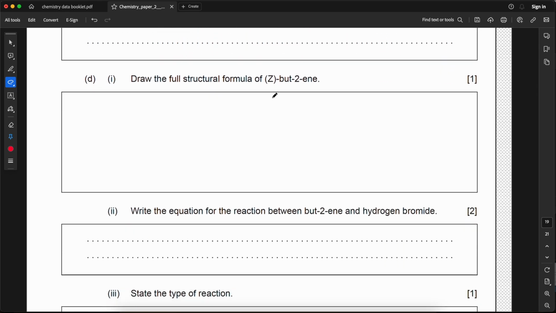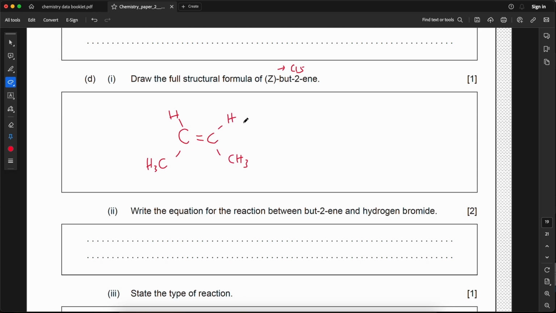Draw the full structural formula of Z-butene. So this will be cis, same side. If it's not, then CH3 will be here and H will be here. So it's not going to be, sorry, H will be here, CH3 will be here.